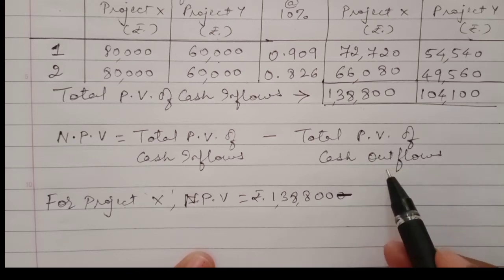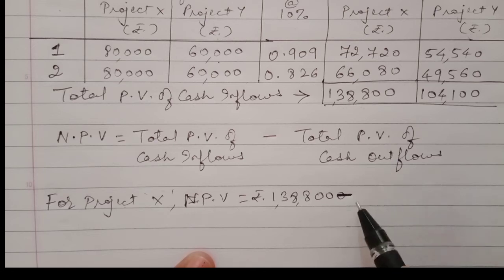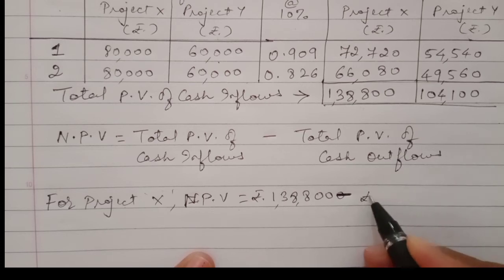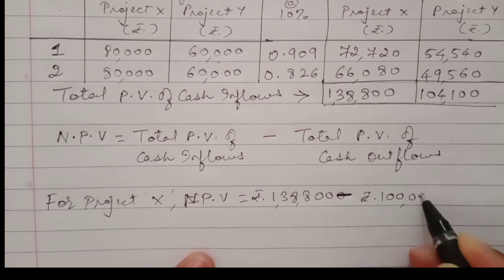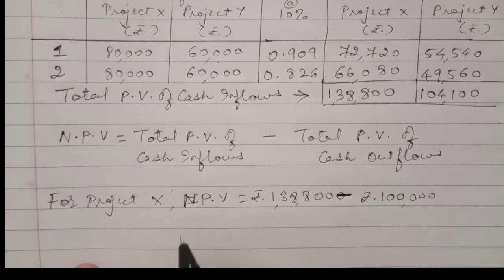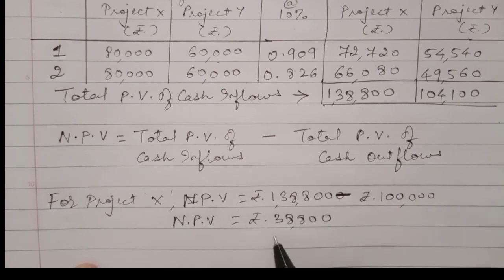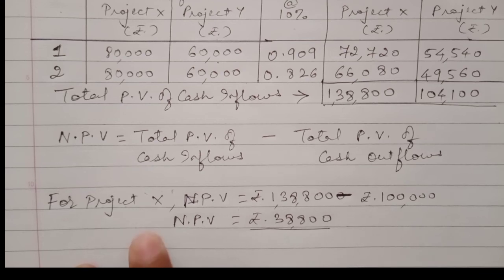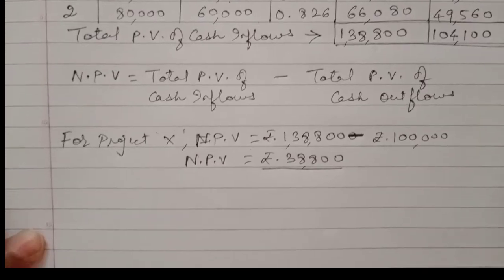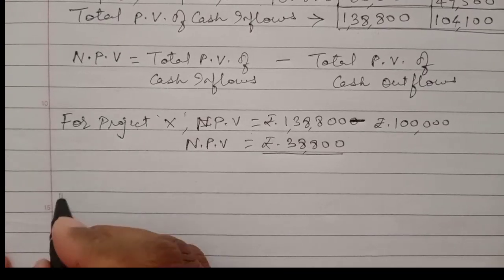Total PV of cash outflows means whatever investment, whatever is the cost of the project, that amount we have to take here. So in the example they have given the cost as rupees 1 lakh. So the NPV will be rupees 38,800 for project X.